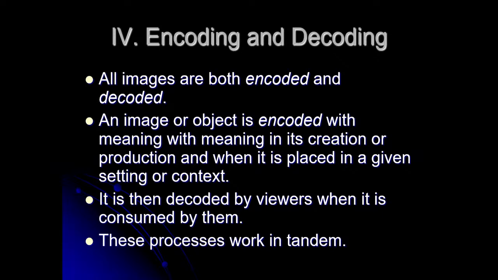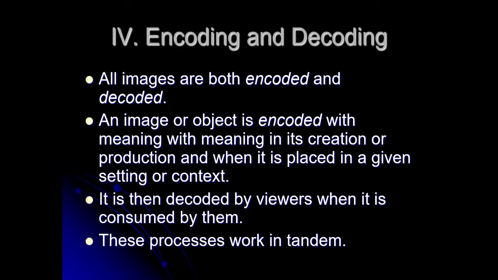And it is then decoded by viewers when it is consumed by them. So when people view the image, they look at the image, they decode the image. So encoding is when it is produced and what the producer wants the people to think about it, or what he actually wants the image to be.